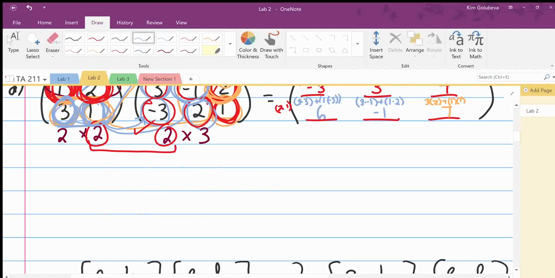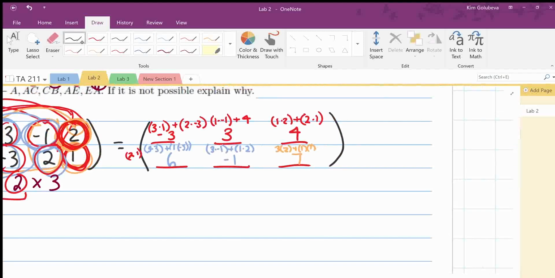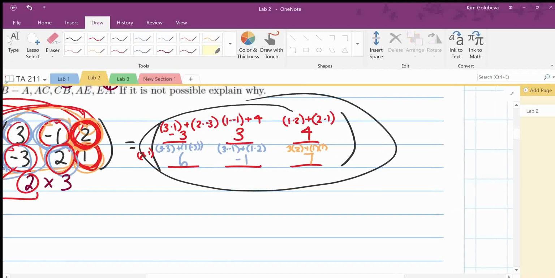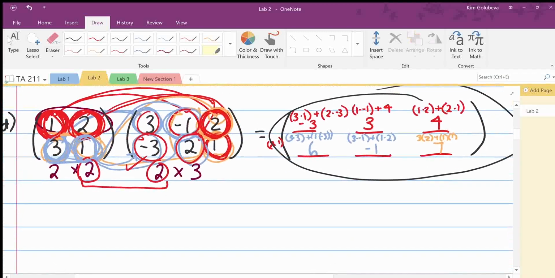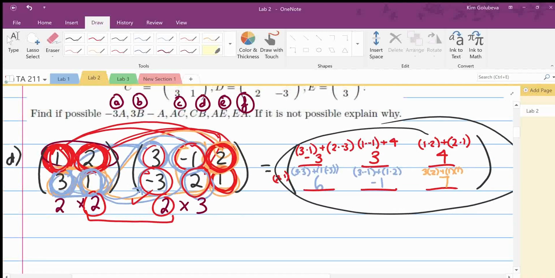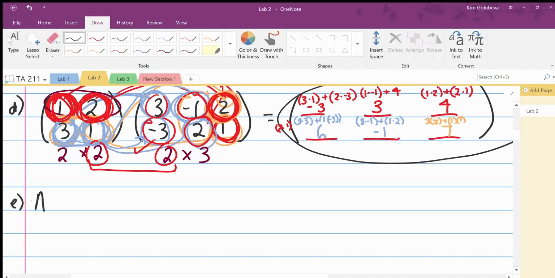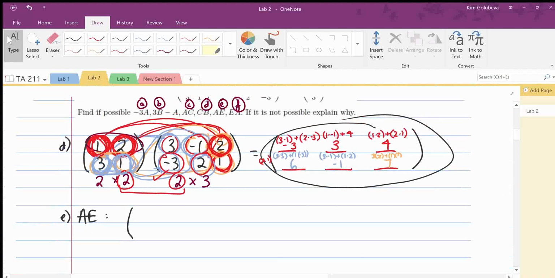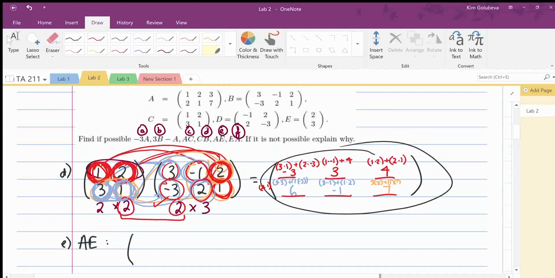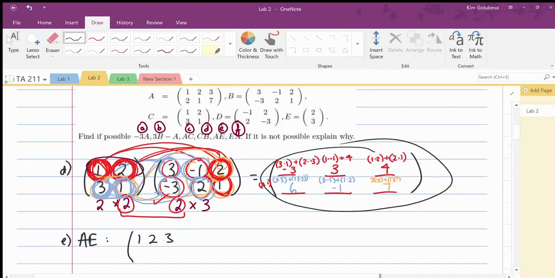Okay? So this is our answer right here. This is our answer for, what is this, D? Yes, for D. Okay? And AE. So we're trying to do AE. Okay? So let's write out A, which is 1, 2, 3, 2, 1, 7, and multiplying it by E, 2, 3.